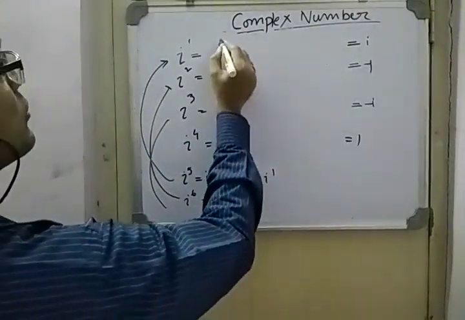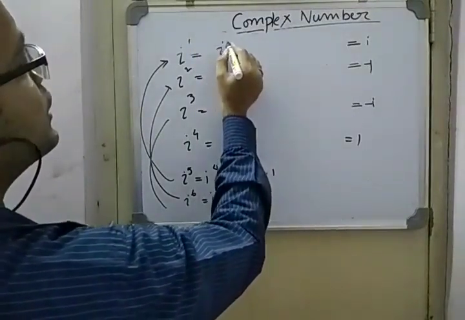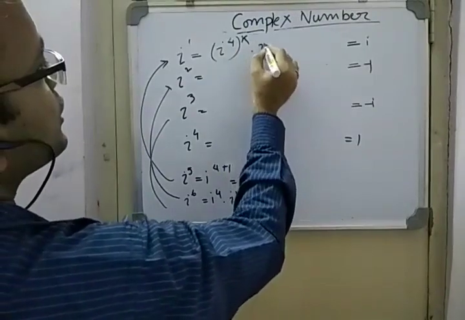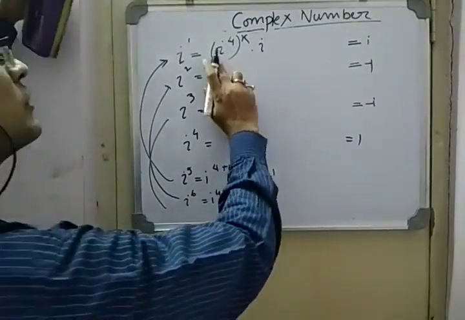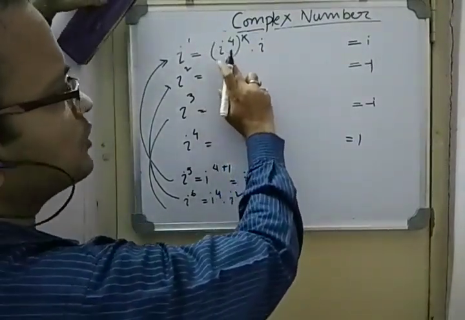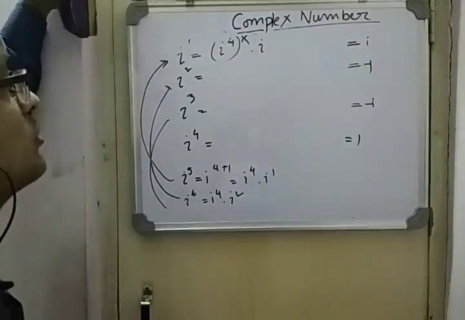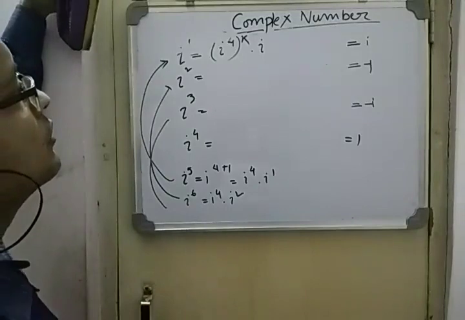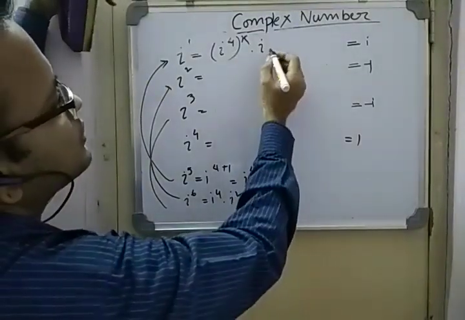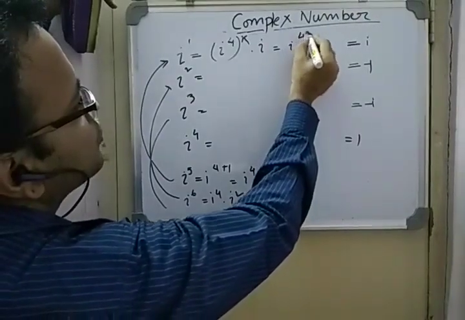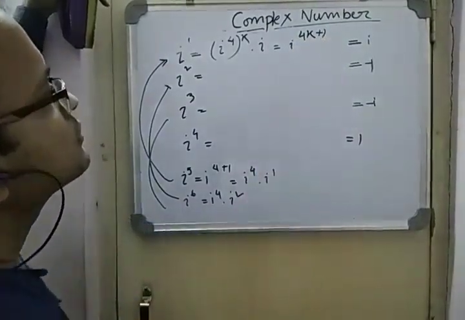So in general we can write i to the power 4 to the power k into i, because i to the power 4 is 1, and 1 to the power k is 1, k can be any constant. This we can write as i to the power 4k plus 1.